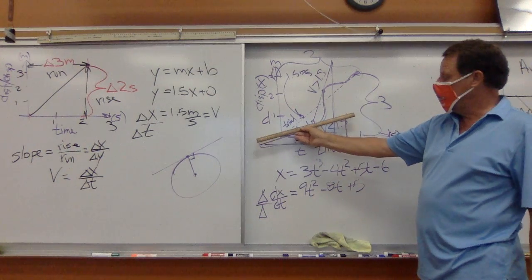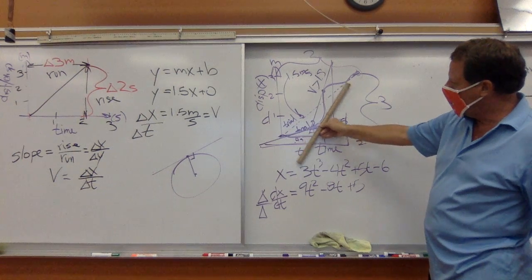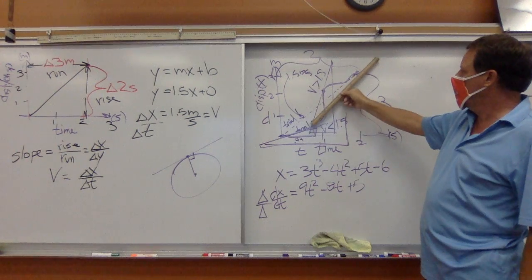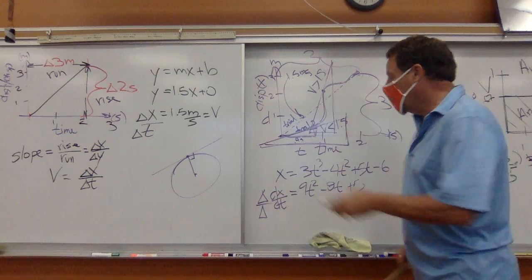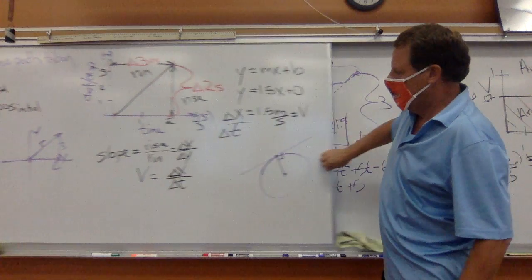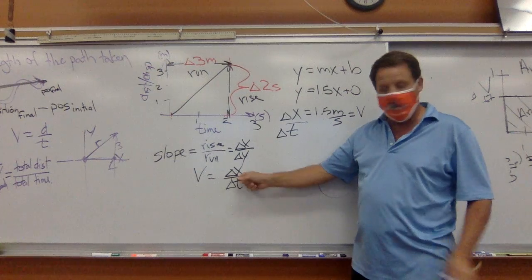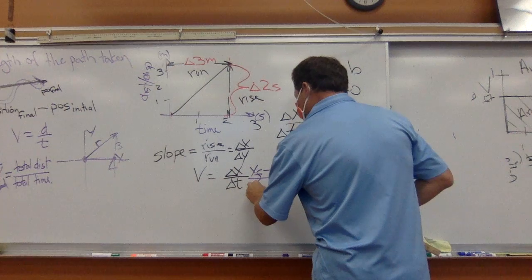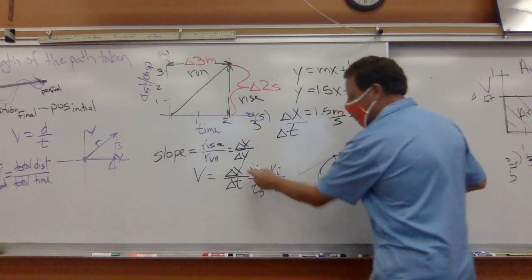And we can see here in this part, it was going slower than 1.5. Then right about there, it was going 1.5. Then it's going a lot faster. Right there, it's going to be the same. Here it's slower, even, faster, slower. And it's all going to average out to be 1.5 because when we go back to this velocity right here, it's the change in position, which is x final minus x initial, divided by t final minus t initial.